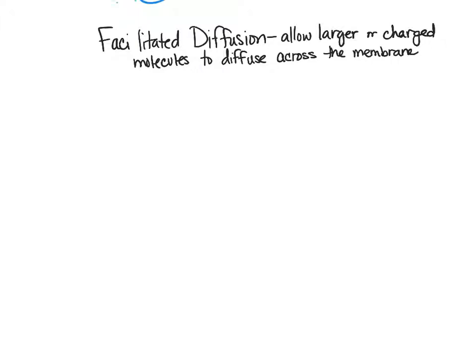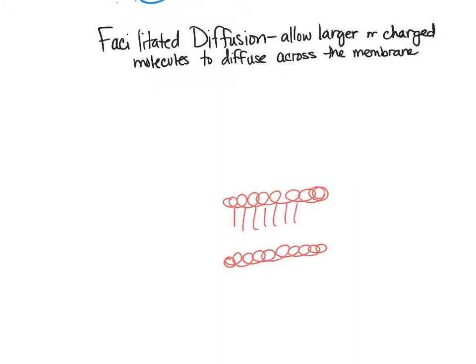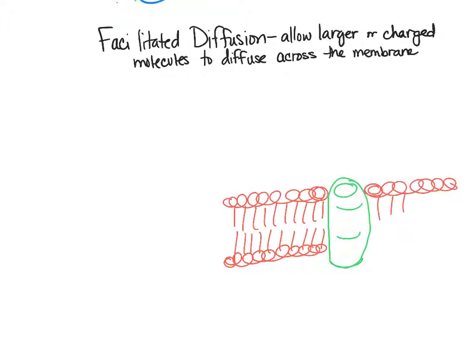So in this case, what we're doing is we are having to facilitate this. And what that means is that these things are larger, and they're charged, or they're polar, so they can't get through all by themselves. So instead, we have proteins that are going to be in here, and they're going to facilitate diffusion.